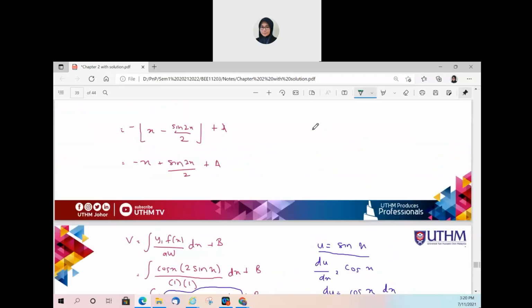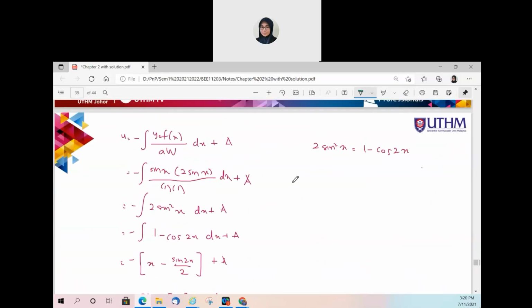Cos x sin 2x. Sin 2x, you have to use trigonometry.